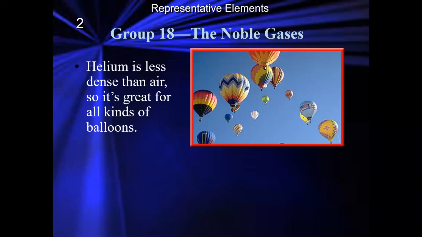The helium is less dense than air, so it is great for all kinds of balloons. In most of the balloons, helium gas is used. The lightest gas is hydrogen gas, but as I have told you, hydrogen is highly flammable. Due to some accidents in history, hydrogen gas blew up and it was an accident.